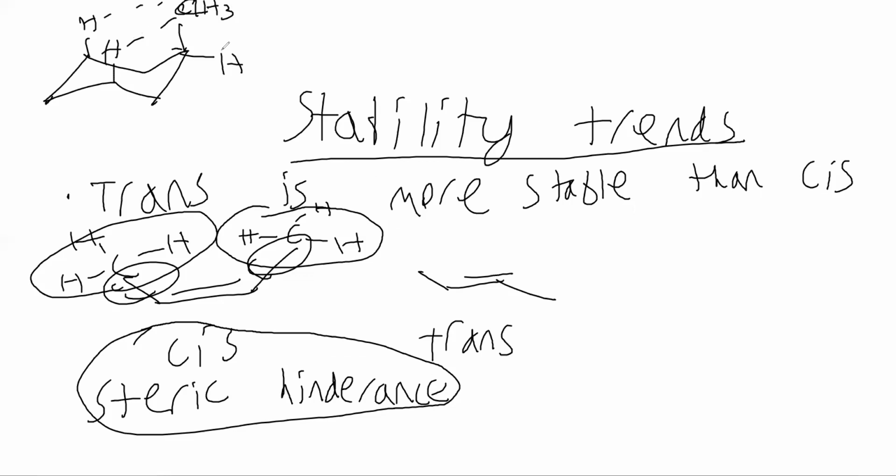And that was also steric hindrance that made this configuration less stable than if the CH3 was in the equatorial position. But I'm just pointing out that the steric hindrance concept is something you've seen before. So it's nothing new, just recognize that when the methyl groups get close together, or whatever other groups, like with cis, then it's not stable. Okay, so that's E and Z stability trends.